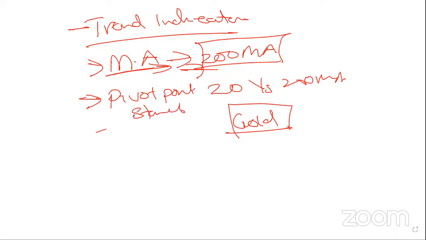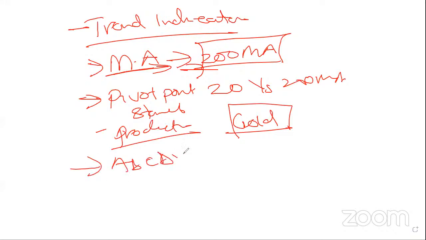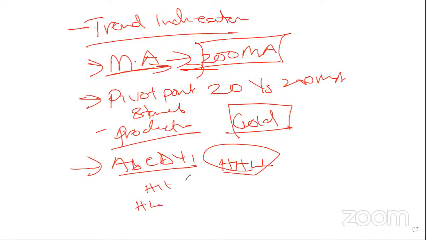And here we discussed that they give support and resistance to give you a prediction of the trend of the market. Then we also talked about the ABCD indicator, and this one shows the formation of higher highs and maybe lower lows in a mixture. In an uptrend, the market will form what we call higher lows and higher highs. Then in a downward trend, the market will form lower lows and lower highs.